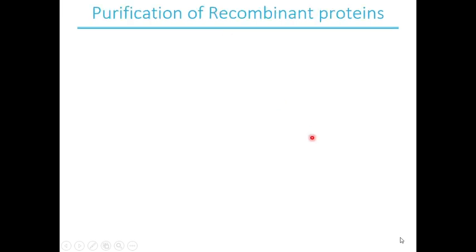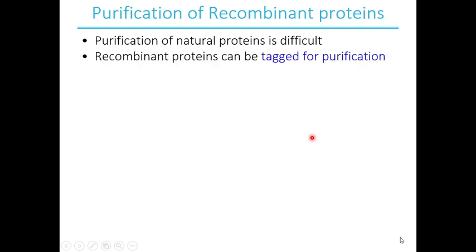After recombinant proteins are expressed, they need to be purified as well. Purification of natural proteins is difficult. Recombinant proteins can be tagged for purification, and the way one can do this is by genetically modifying when performing cloning.